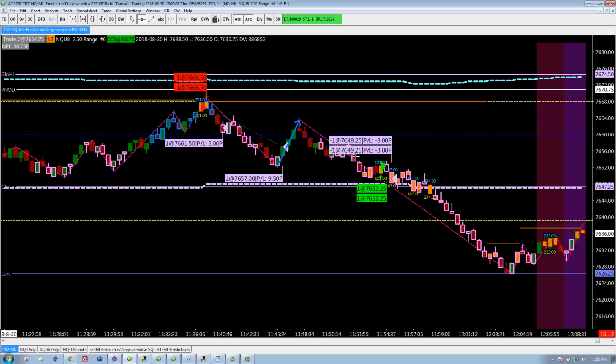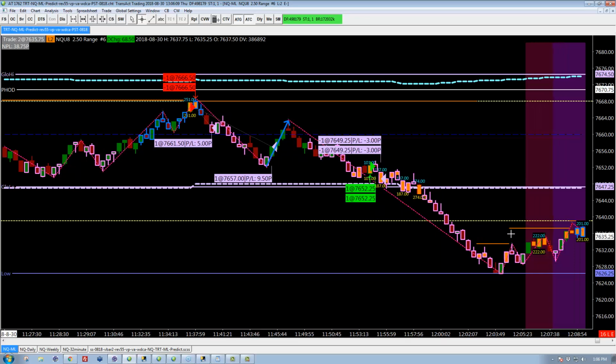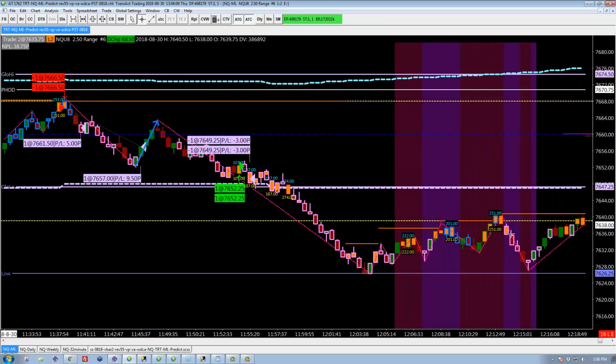And there's a little bit of a domino effect here, because you end up taking a long here, so you end up taking a loss as the system bounces, reaches the value area low, and then the order flow looks like it's going to bounce higher. And I think that's it.